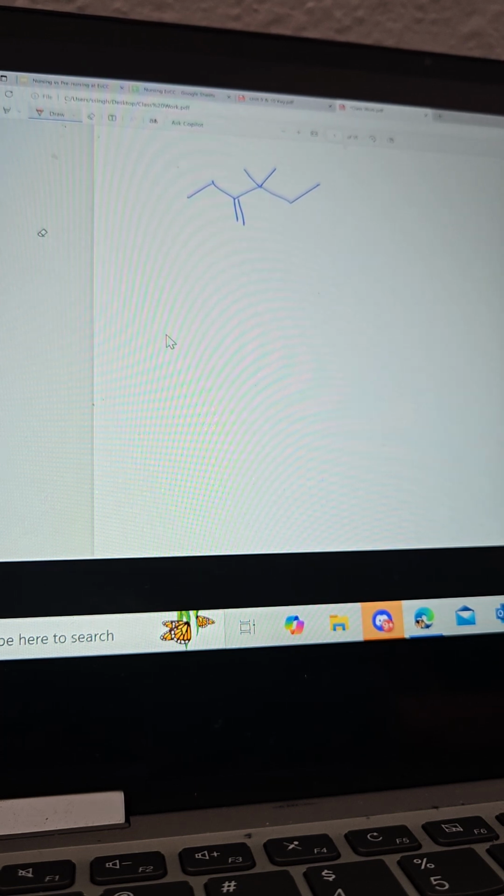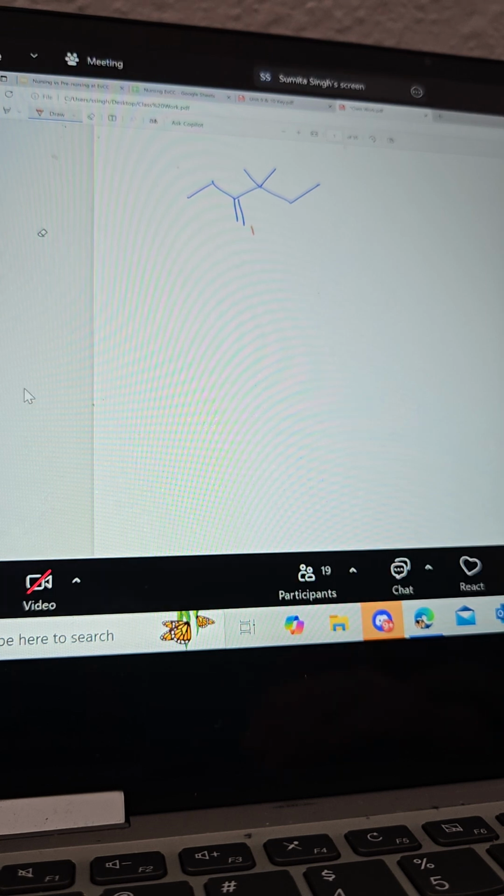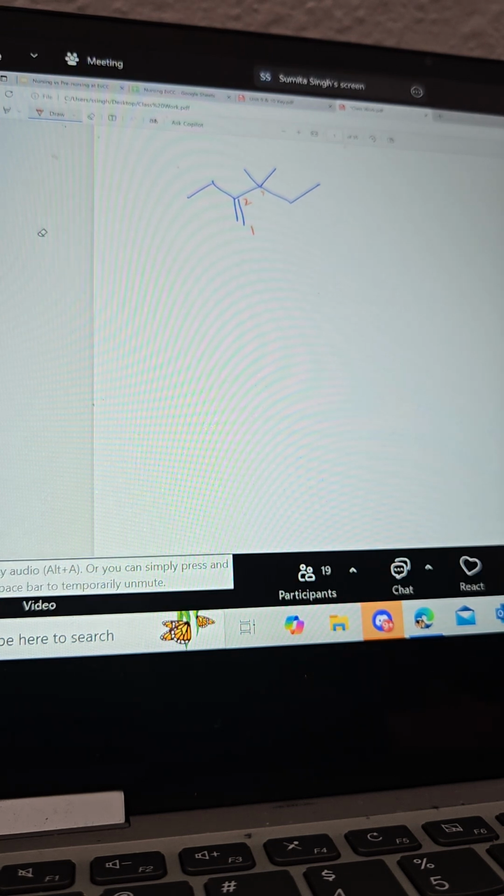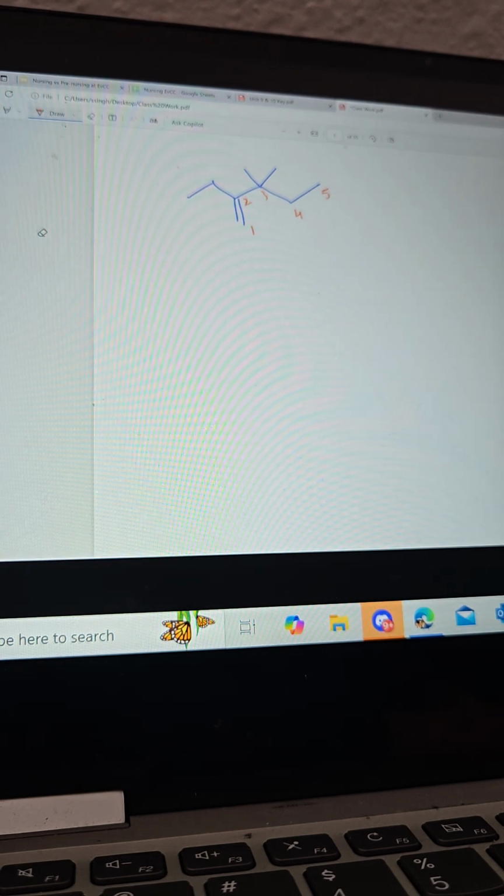So which side should I number the parent from? Starting from the double bond, 1, 2, 3, 4, 5. That takes priority. And now we name. Do you guys want to give me the name of this compound?